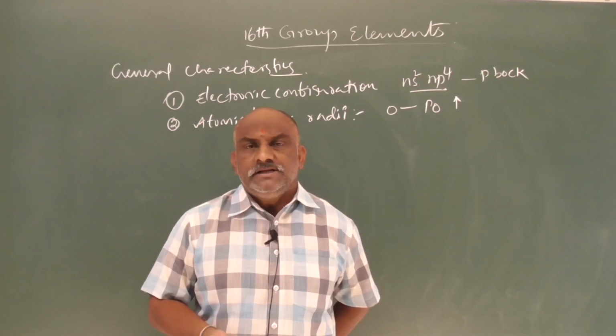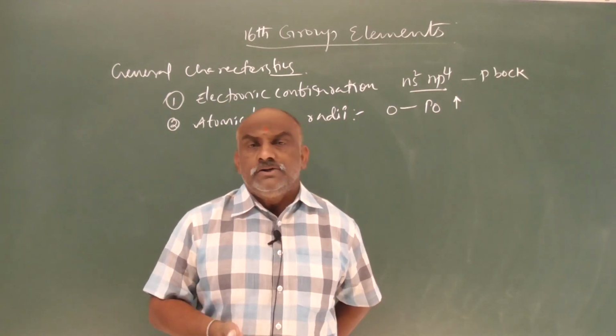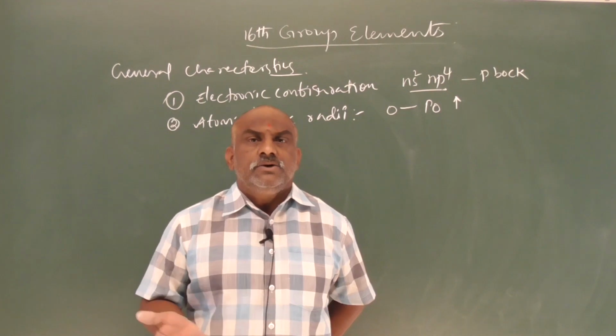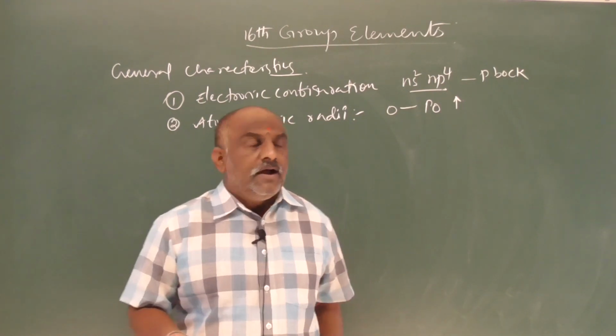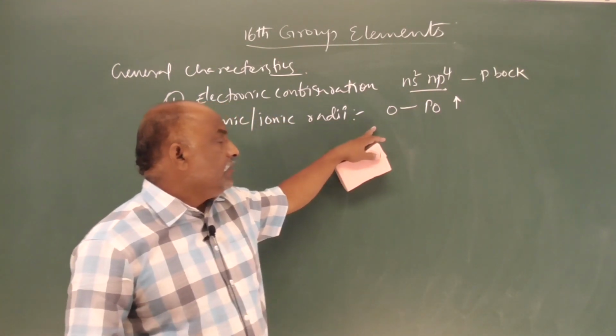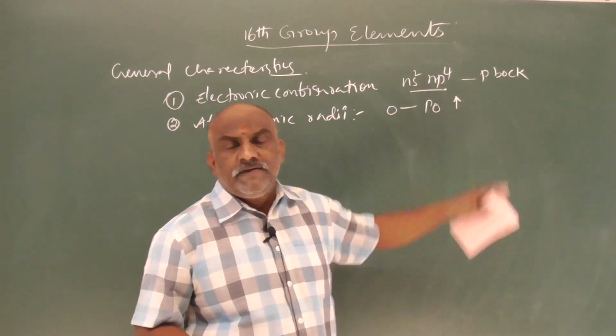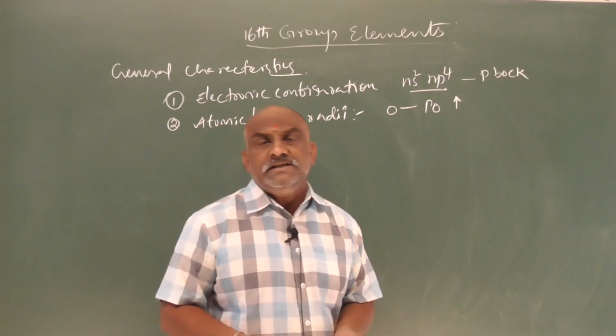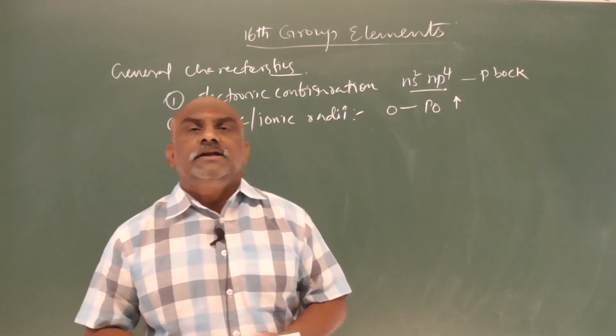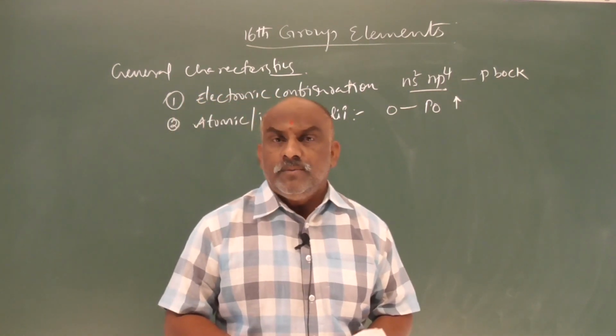Then the distance between the center of the nucleus and the outermost electron increases. So the size of an atom increases, and the ion of the atom increases.